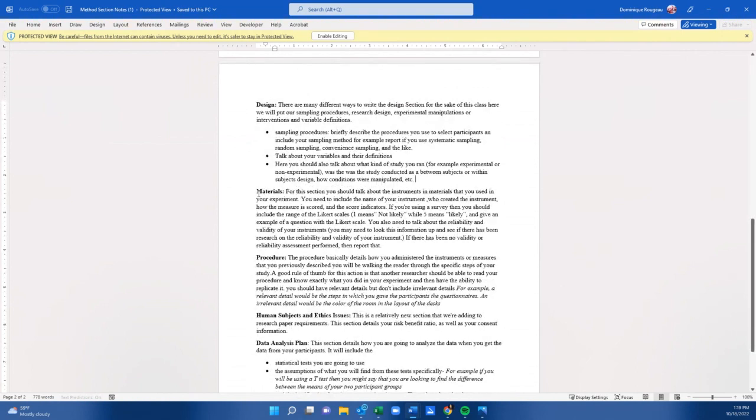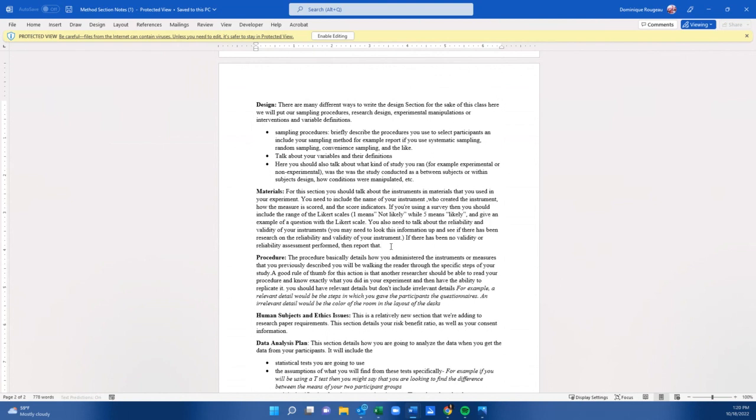Moving on to the materials. For the materials, you need to talk about your materials. Of course, talk about what measures you use for each variable, and talk about why. Please, please try to find validity and reliability for your measures. If you made your own measure, we can talk about how to find reliability pretty simply.